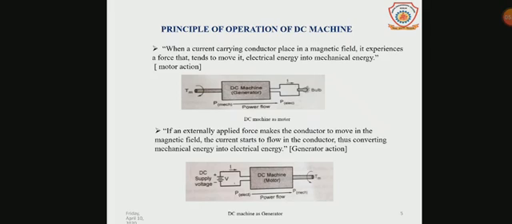In the case of a generator, if an externally applied force makes the conductor move in the magnetic field, current starts to flow in the conductor, thus converting mechanical energy into electrical energy. This is the action of a generator, where the conductor rotates in the magnetic field and gives current in the generator.